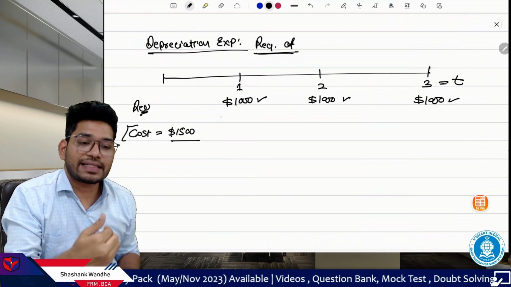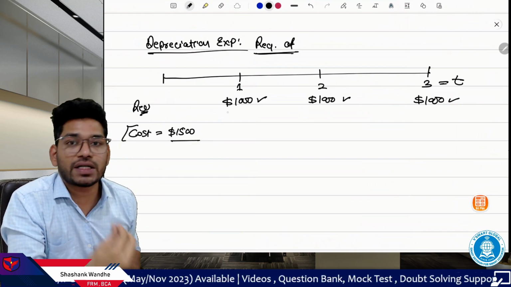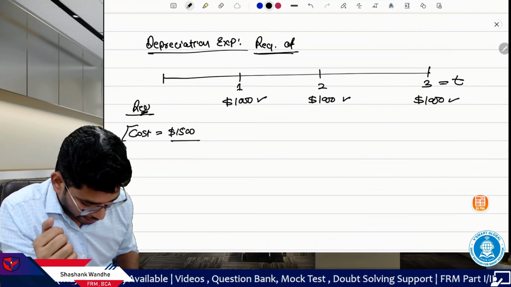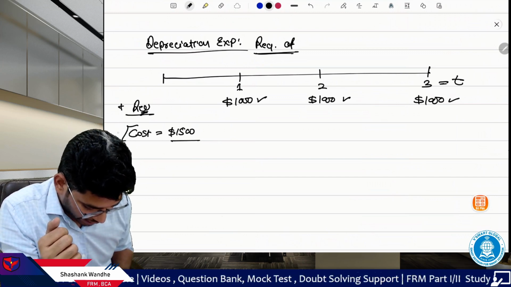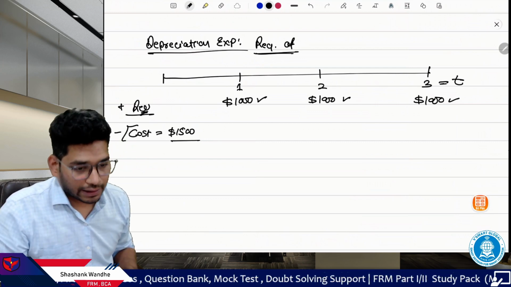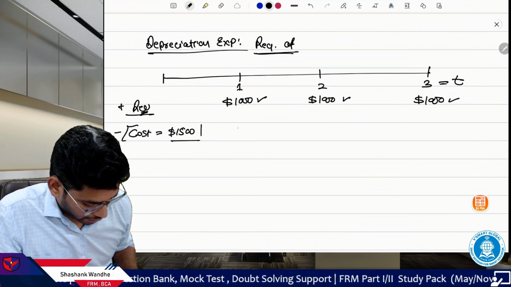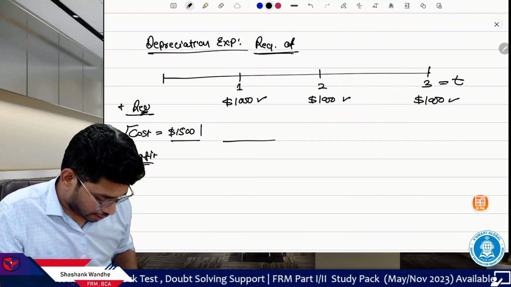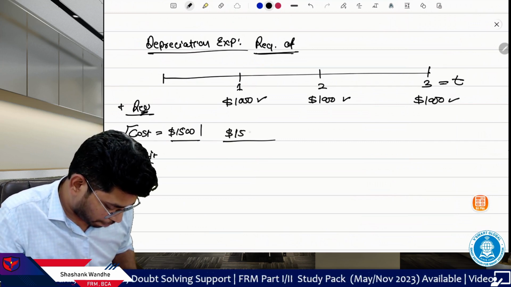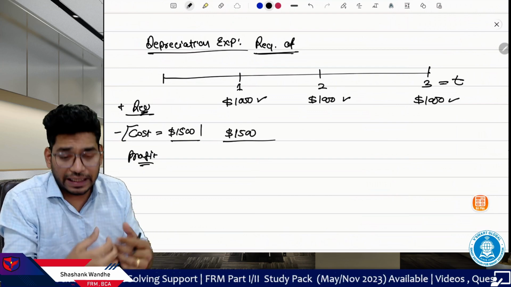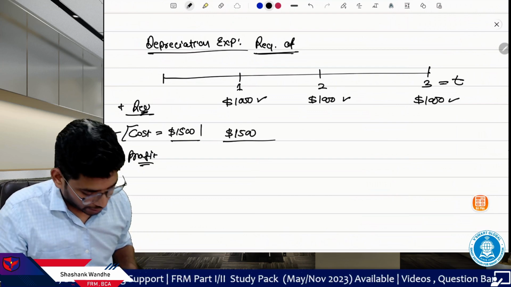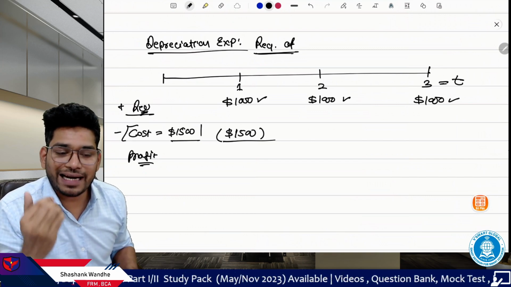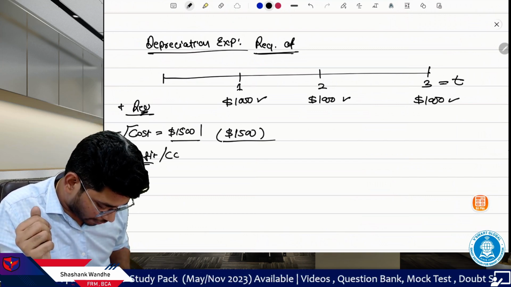If we treat the cost of purchasing the laptop as an expense, then this is our revenue side, plus side, and this is our cost side. I'm incurring the expense in the first year itself, so if I charge the complete expense in the first year, what is my net profit or loss?